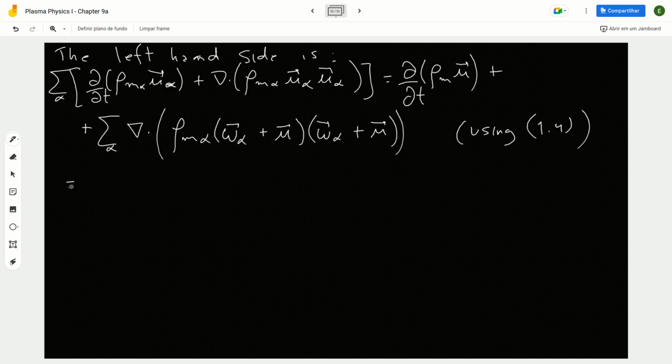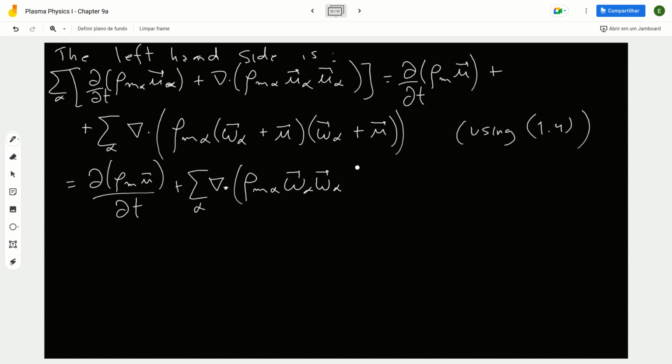Okay, so what I get is, I have this, just keep it here, plus, now I'll distribute this product, and I have the divergence of rho omega omega plus rho omega u plus rho alpha u omega alpha plus rho u u.